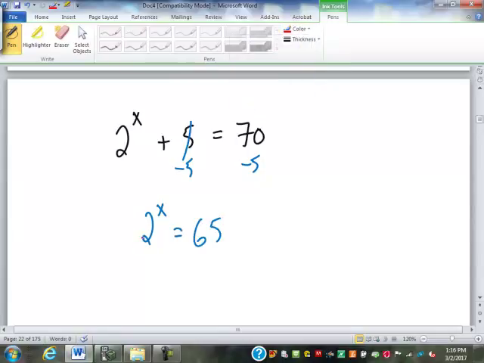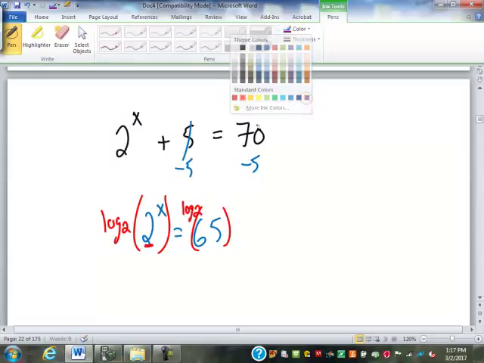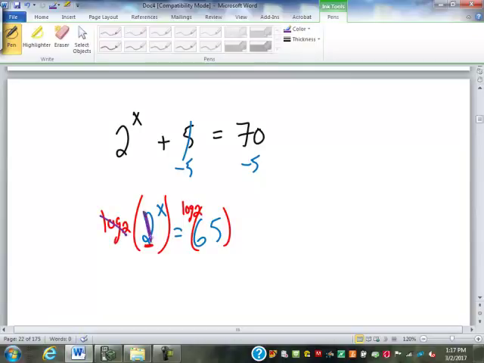Now to solve this, though, now it's 2 to the power of, I have to do a log base what? The base of my exponent is 2, so I have to have a log base 2. So this here is log base 2. Now on the left side, it really doesn't matter. There's nothing to calculate. The log base 2 and the 2 as the base of the exponent cancel each other out, leaving me with just that power, which is x.